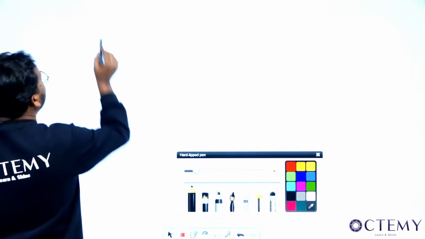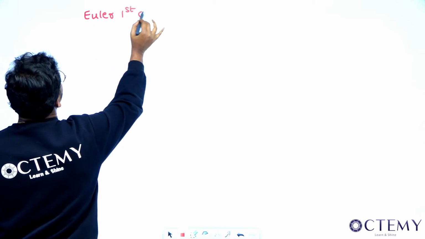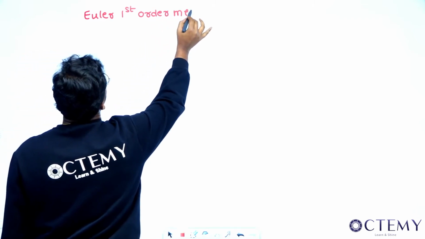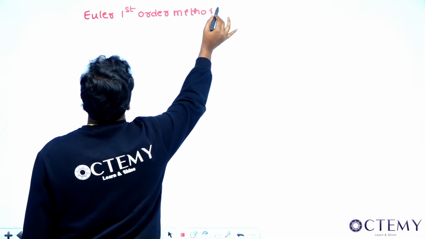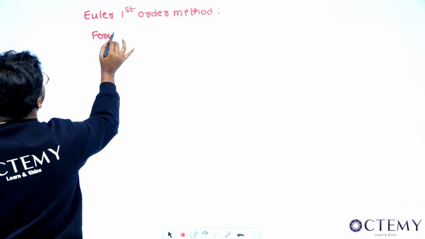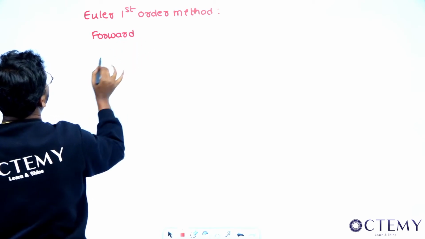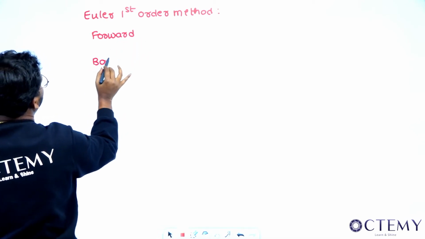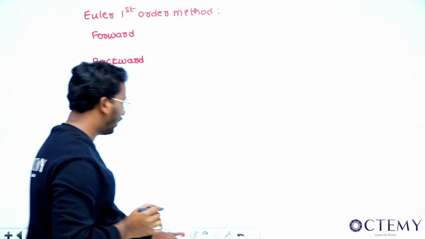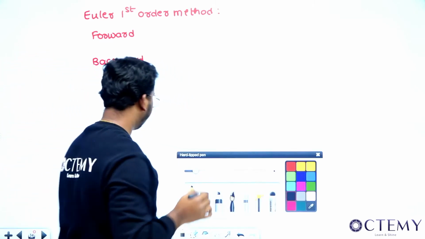See, Euler's first order method. In Euler's first order method, what did we have, sir? We had two things. One is forward. The other was what? Backward. So see, sir, how were the forward method and backward method? Let me write it fast.